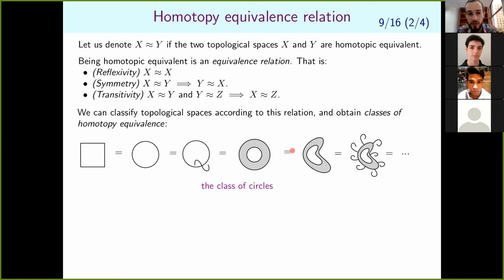The annulus is homotopy equivalent to the bent annulus. And this annulus is also homotopy equivalent to the bent annulus with some hair on it, because you can retract the hair, these little lines, okay?